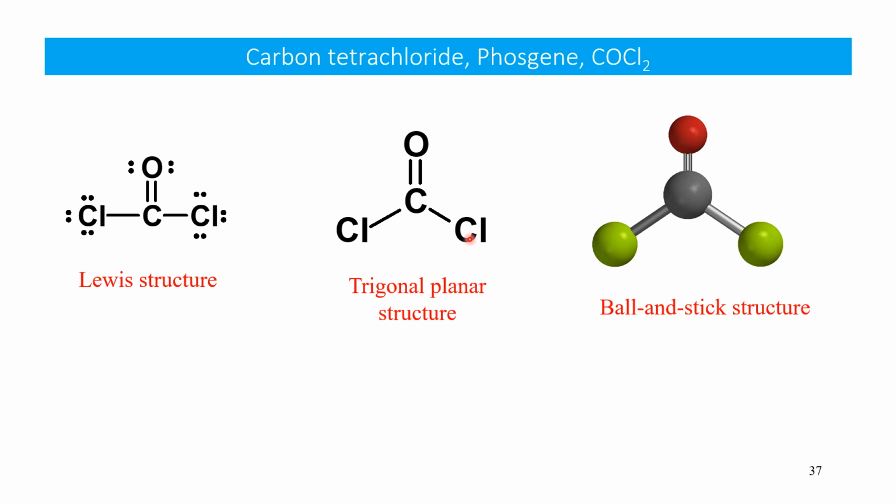So the electronics is trigonal planar. And of course, the resulting geometric shape is a trigonal planar system. Now, note, the bond angle would be approximately 120 degrees. Now, can you think, would this carbon-chlorine bond angle be less or greater than 120 degrees?